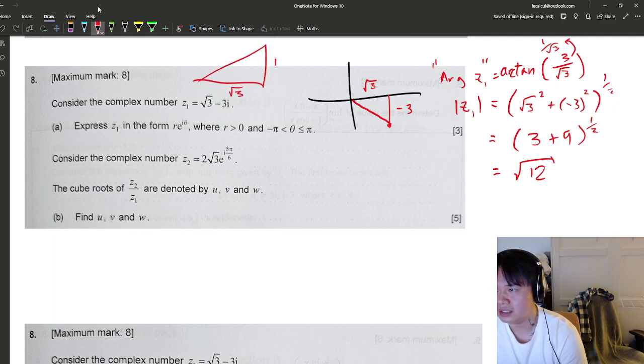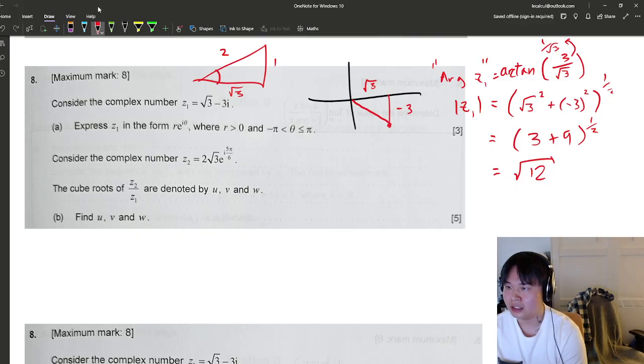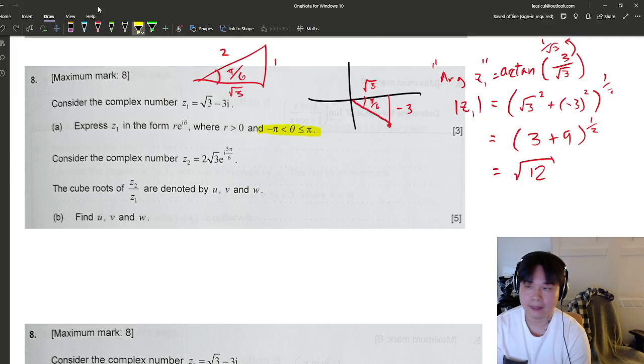And then you should have your special triangles memorized, right? 1, 2, root 3 triangle. So our reference angle is pi over 6. This is pi over 6. And then they want our argument to be from pi to negative pi.